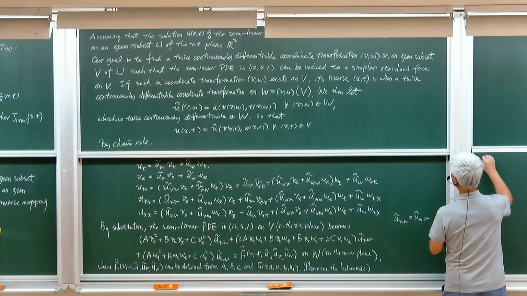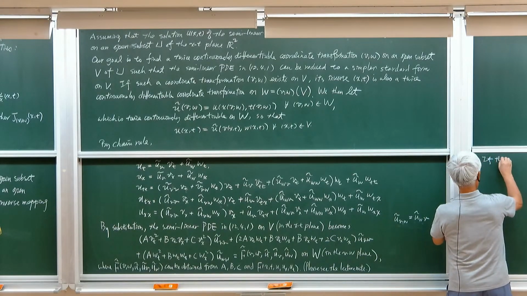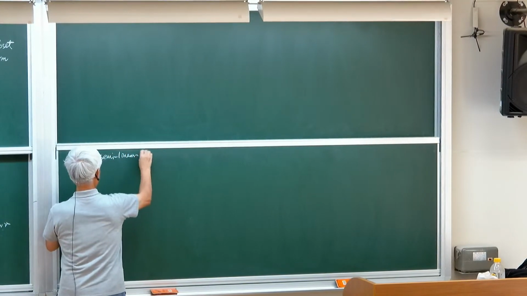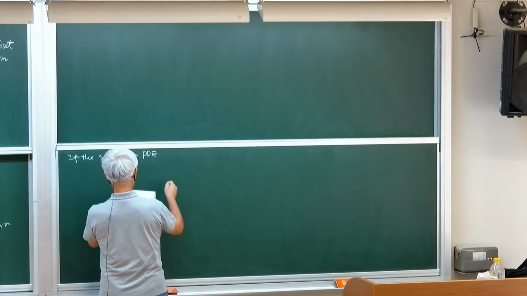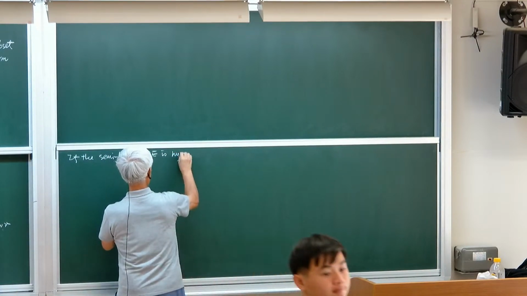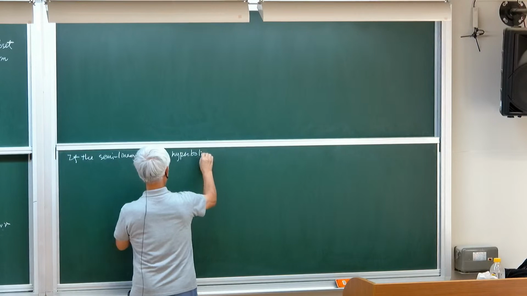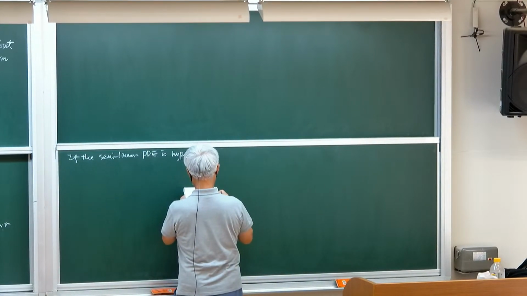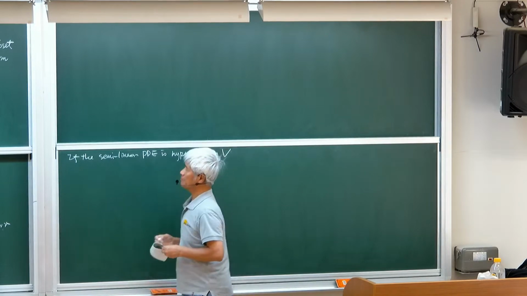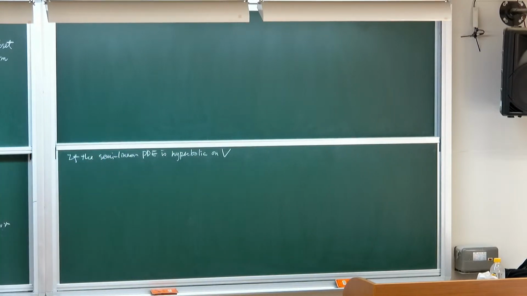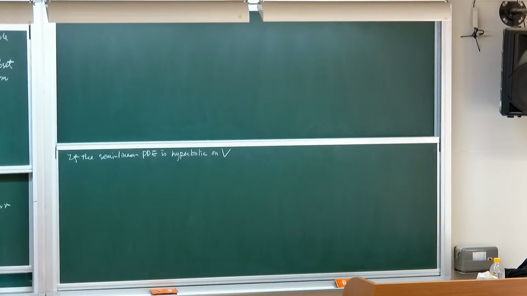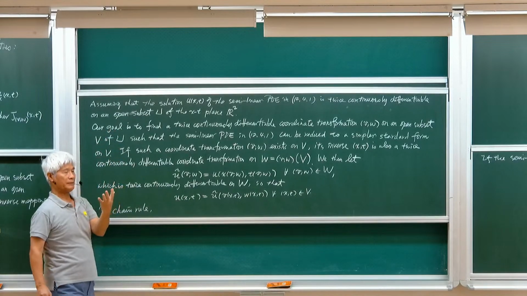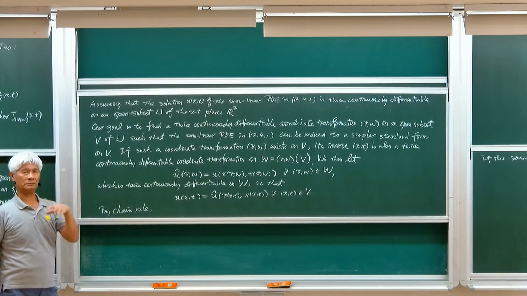Now, if the semi-linear PDE is hyperbolic on V, okay? So suppose we find an open subset V of U, right? So maybe V is quite small, okay?